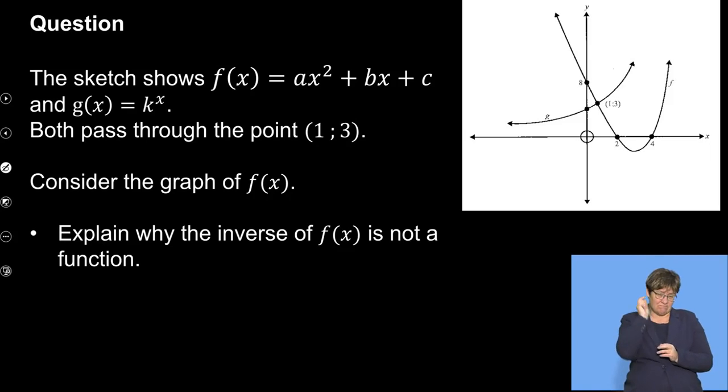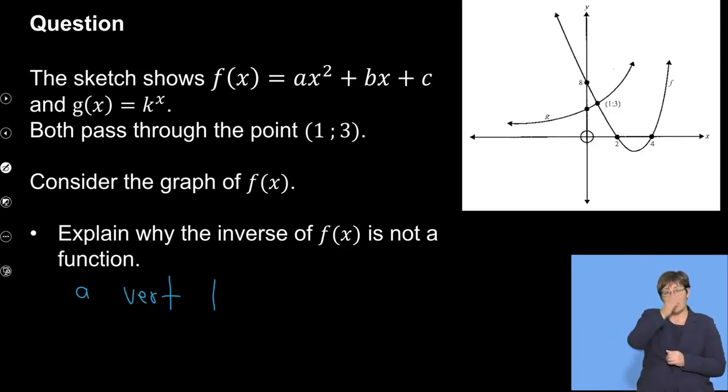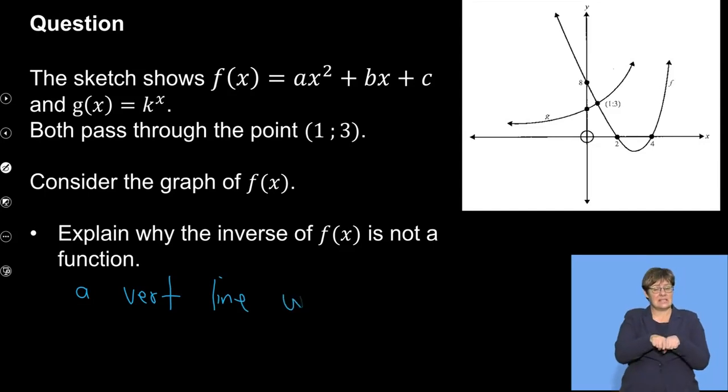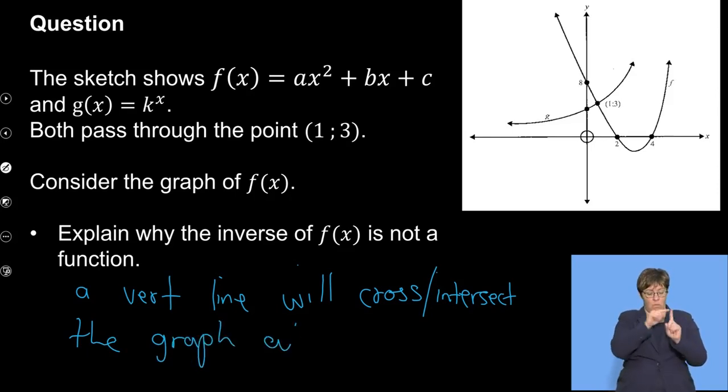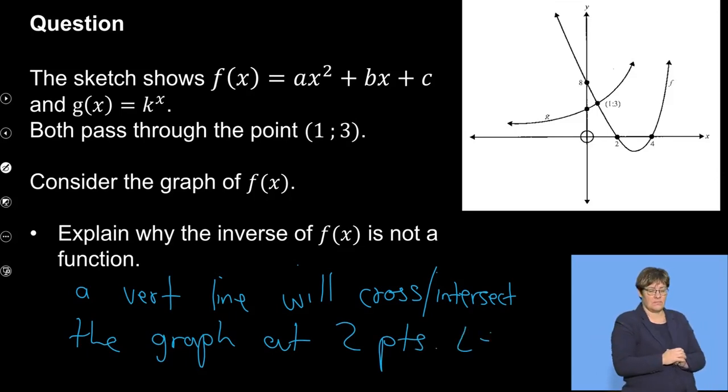Now explain why the inverse of f of x is not a function, right? Remember, the reason for this is because of the vertical line test: a vertical line will intersect the graph at 2 points as it moves from left to right.